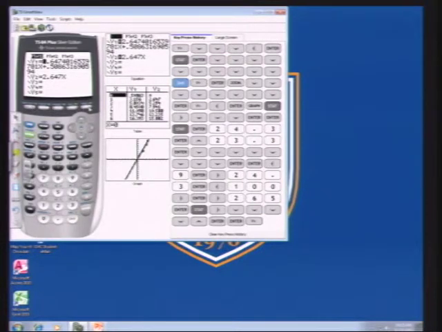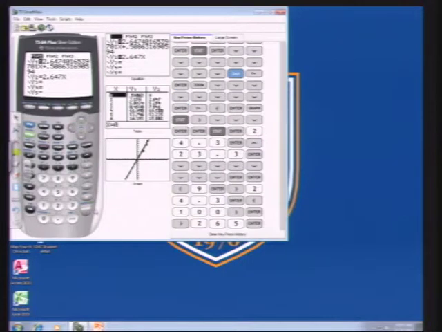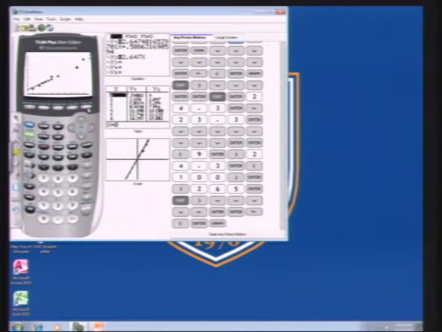And what I'm going to do now is turn that regression equation back on so that it gets graphed, and hit the graph button. And there's my actual data points with that line of best fit.